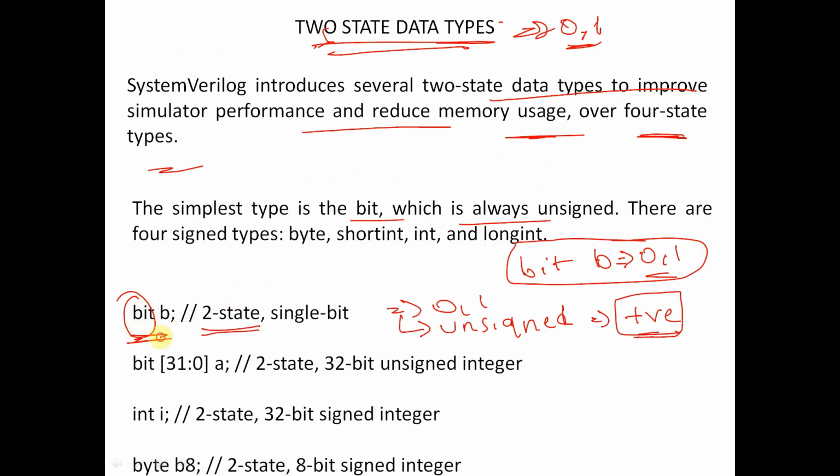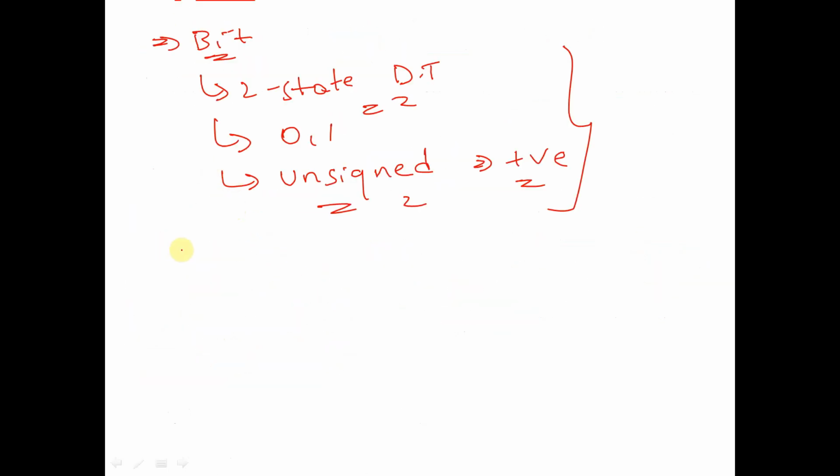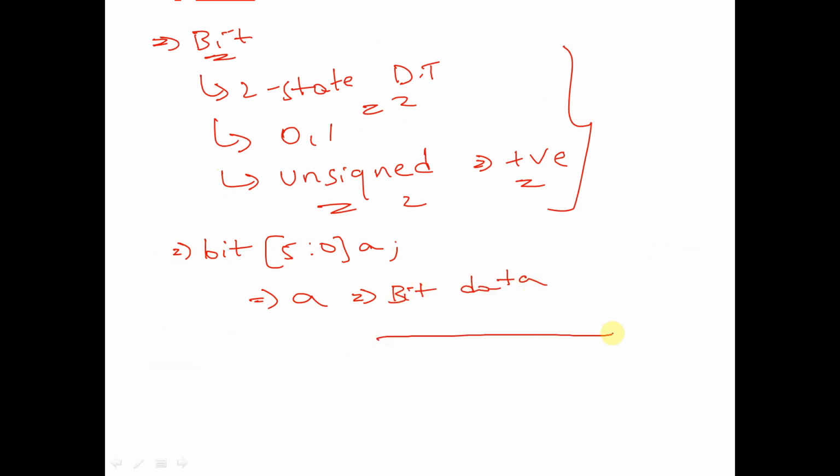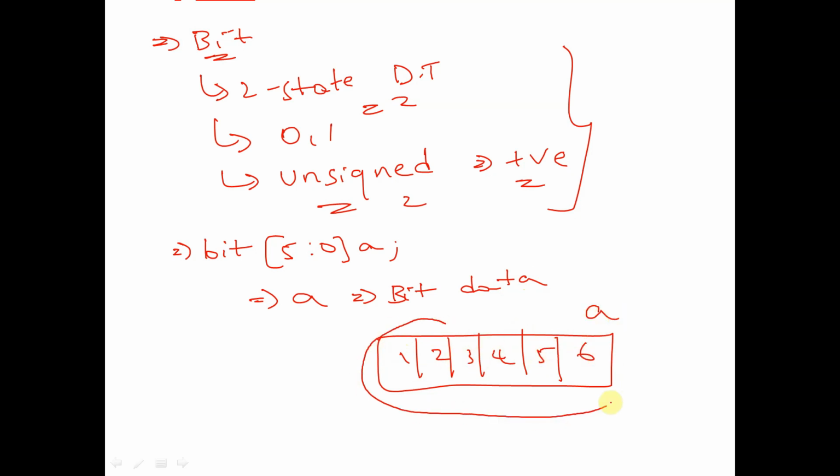If we declare bit b, then it is a two-state and single bit. We can also declare, for example, bit [5:0] A. So A will be of bit data type, and the width of A is 6 bits. So A can store 6 bits like this.